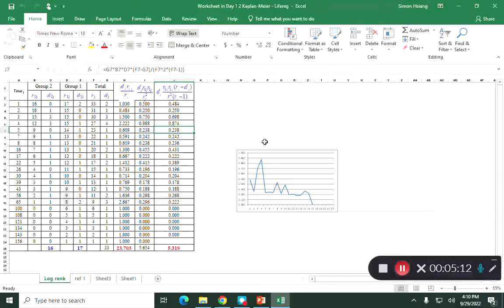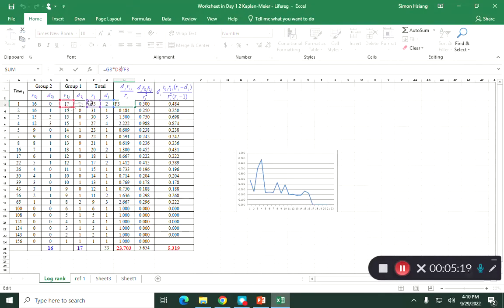If you're using group 1 as the example, everybody minus, okay, 17 out of 33, 15 out of 27, and then you said that if I have 15 out of 27, I have that many in group 1 and that many in group 2. Now I have 4 events, 4 deaths.